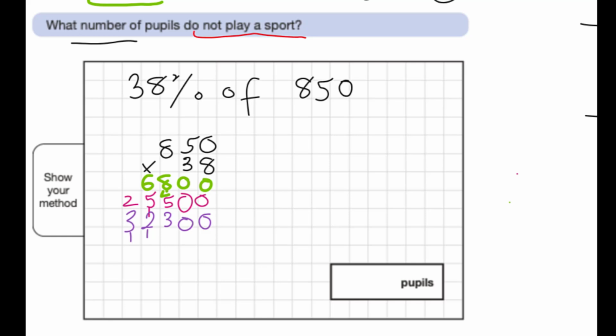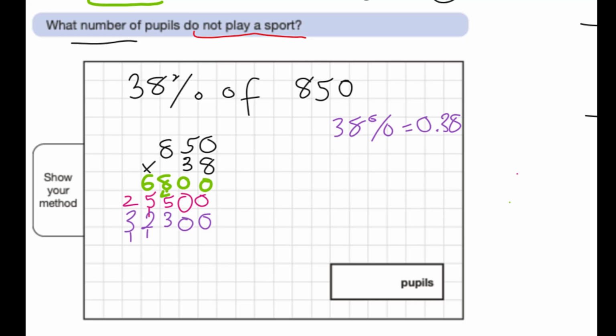So 32,300 is 850 times 38, but 38% is the same as 0.38. Okay, and 0.38 is 38 divided by 100.